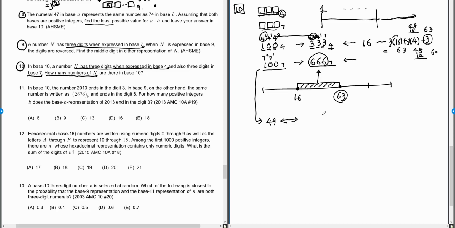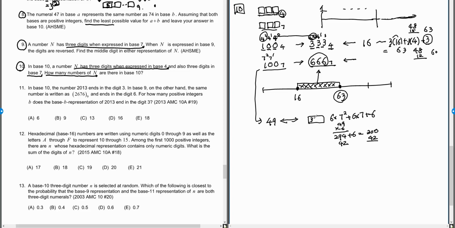But we're going to find the numbers out of these numbers. You can just calculate the largest: 6 times 7 squared, plus 6 times 7, plus 6. 49 times 6 is 294, plus 42, plus 6, that is 342.